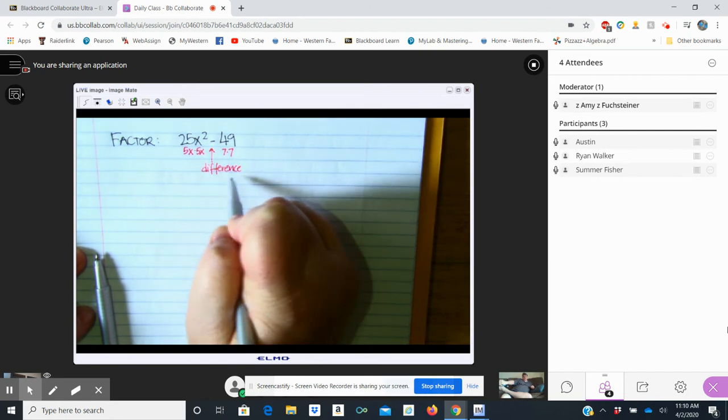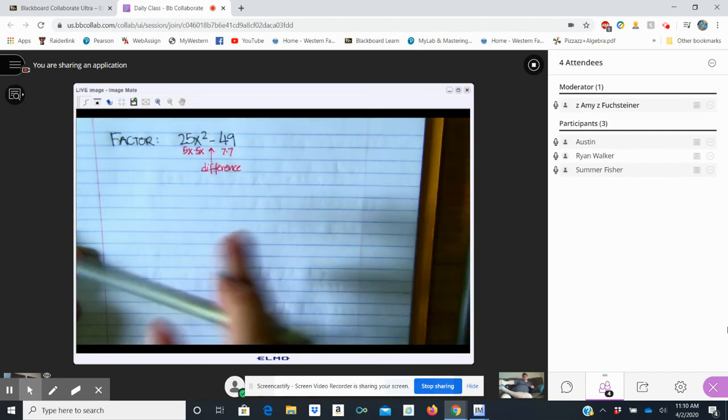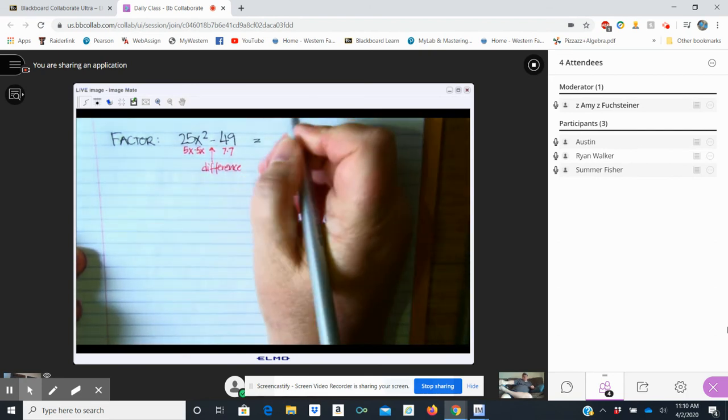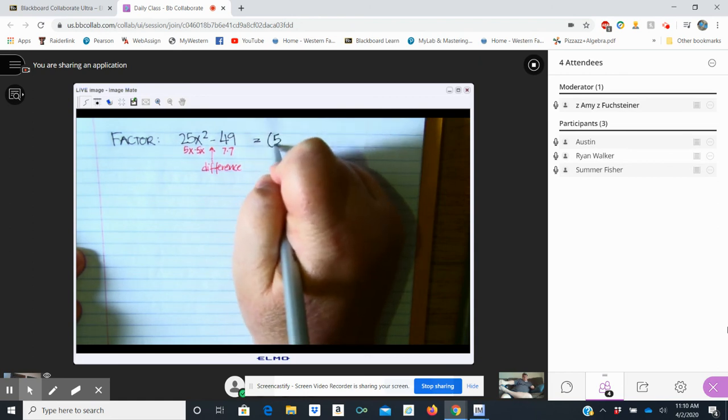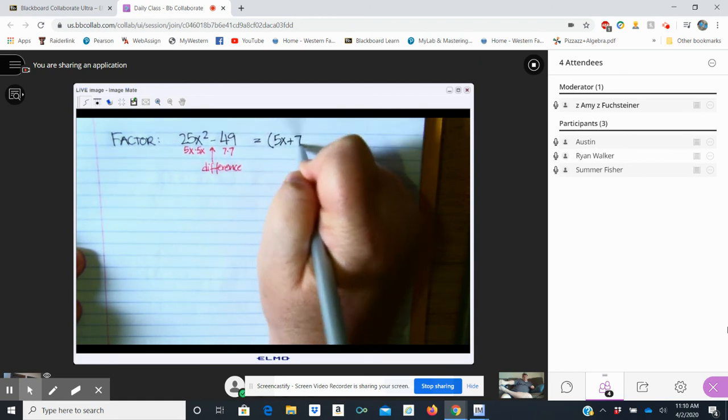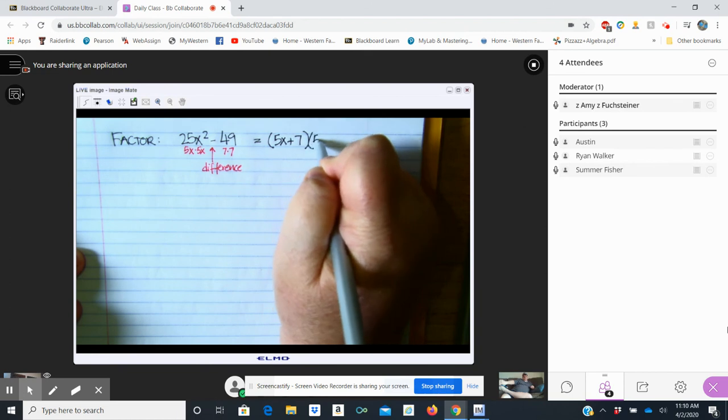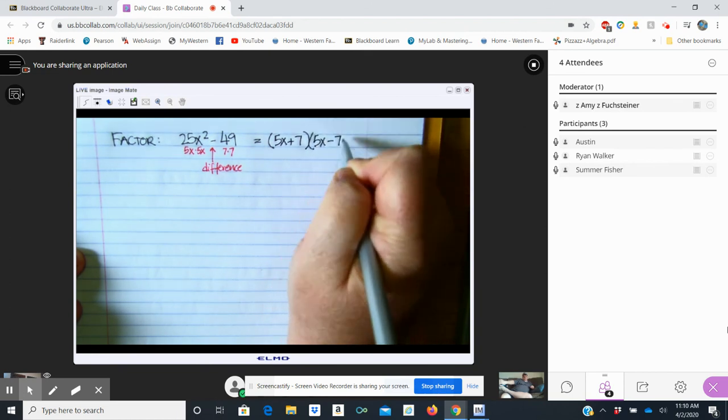So we have here the difference of two squares, and we can write this as 5x plus 7 times 5x minus 7.